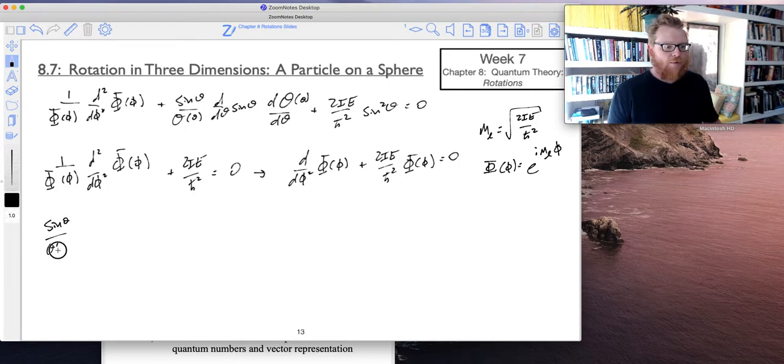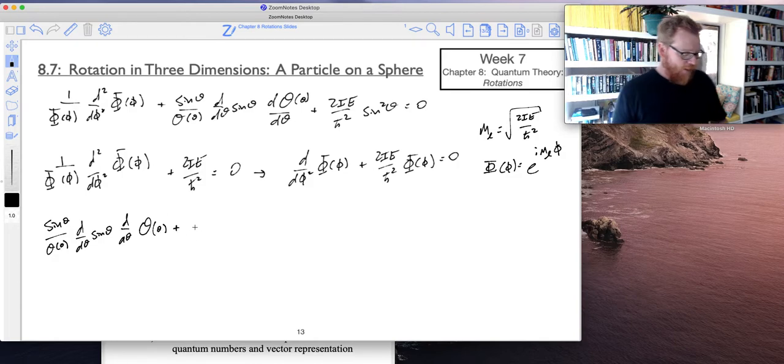Sine of theta over the function theta times d/d theta of sine of theta times d/d theta of the function theta plus, and so I'm going to write all of this, this 2ie, that's still there, because we have to keep it attached to the sine squared, okay?